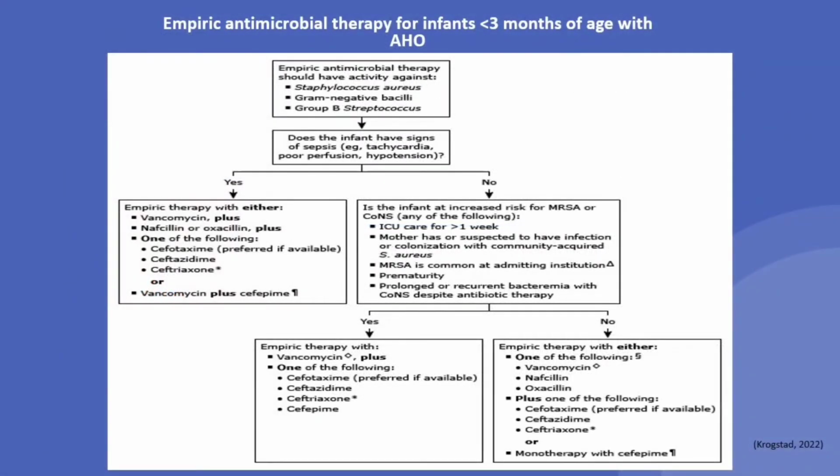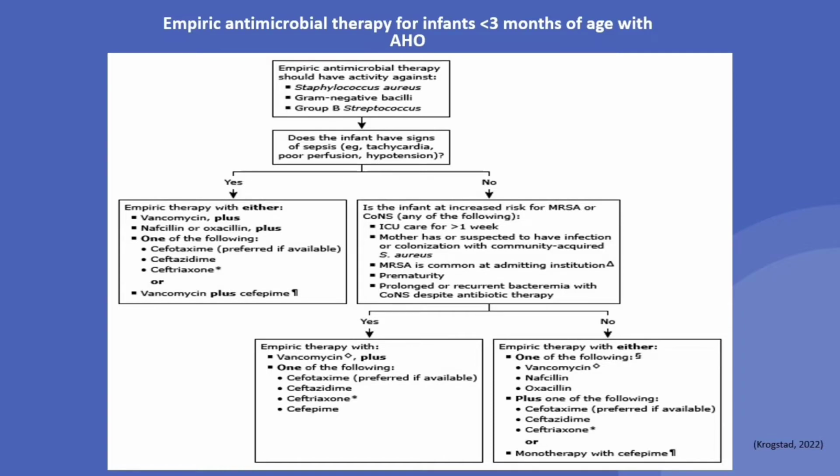Empiric antimicrobial therapy for infants less than 3 months of age with acute hematogenous osteomyelitis. First to consider is that antimicrobial therapy must have coverage against S. aureus, gram-negative bacilli, and group B Streptococcus.